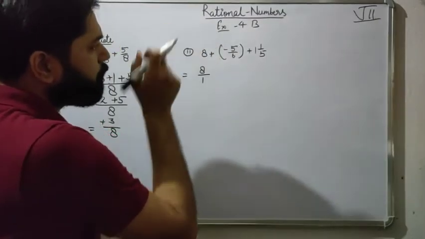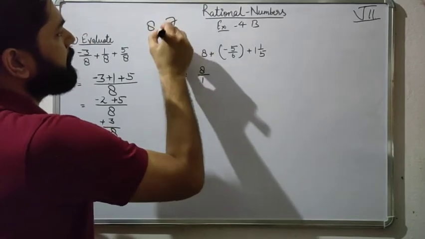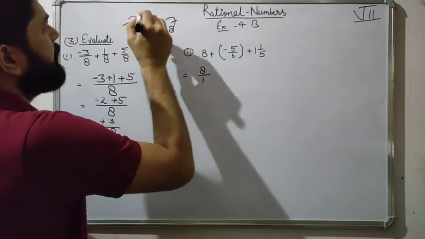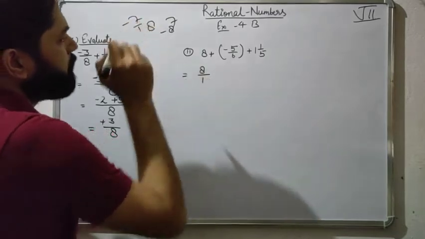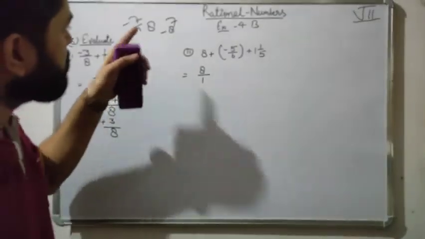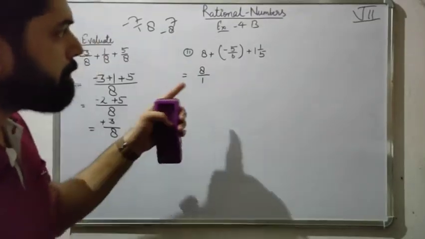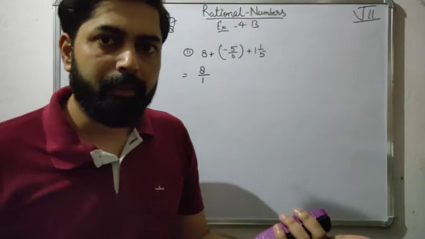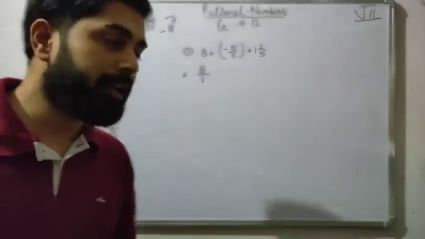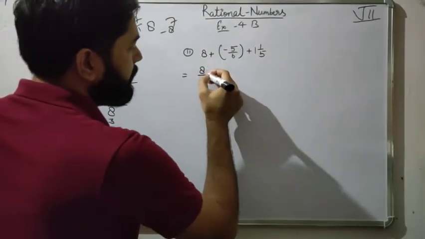If we get any integer anywhere, like minus 7 or plus 7 or minus 8, we write that number with 1 as the denominator, because this is a rational number. And what is a rational number? A number we can write in the form of P upon Q. So 8 upon 1.